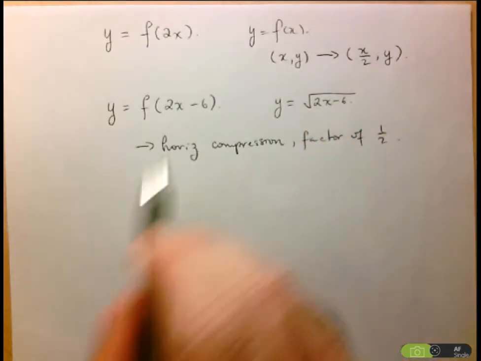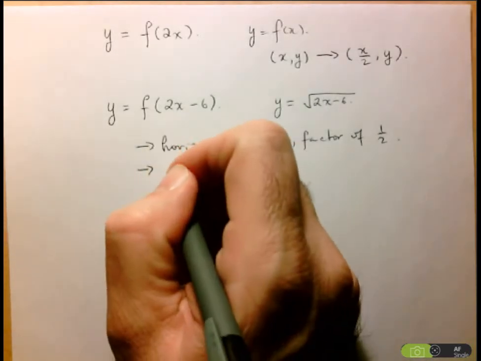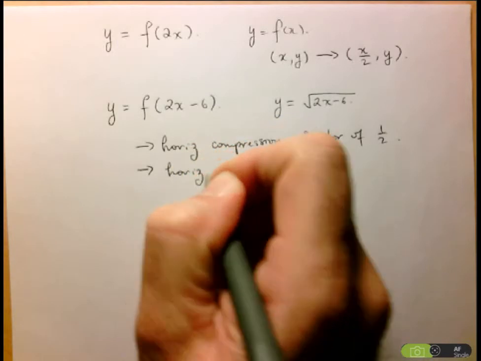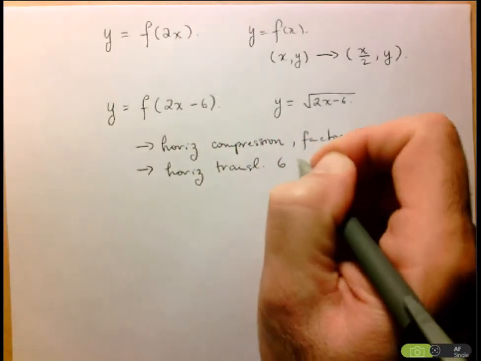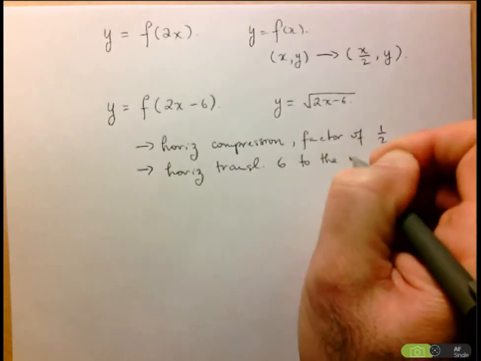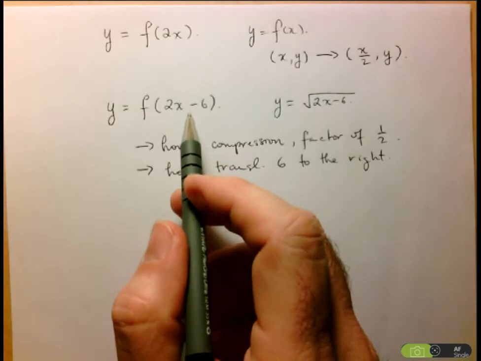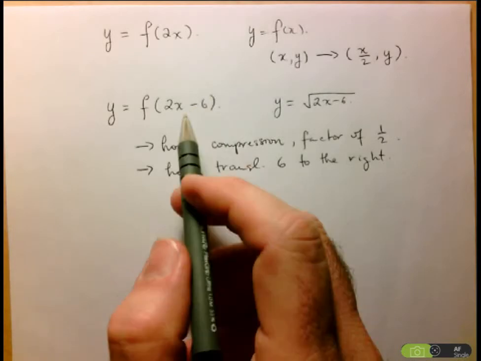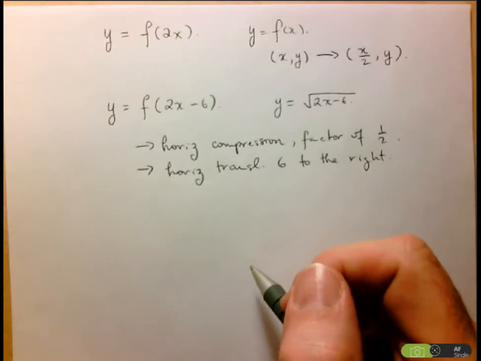We'd be multiplying all the x values by 1/2, and we would assume that we have a horizontal translation 6 to the right. Again, we see minus 6, but we know that the effect on the x component is to move to the right by 6. In other words, add 6 to the x components.